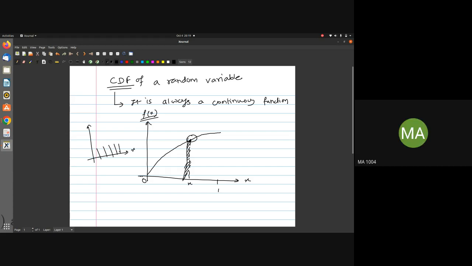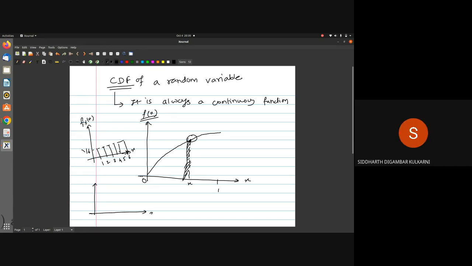So let's say we have 1, 2, 3, 4, 5 and 6, right? I'm talking about the PDF first. The probabilities will be 1 by 6. Consider this as a fair die. So what will the CDF of this function be?